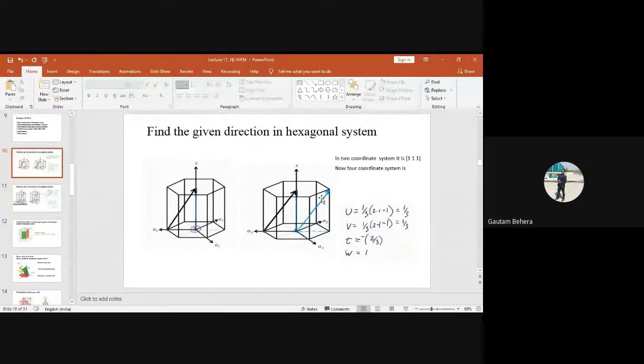Now you want to find the 3-coordinate system, and you will end up with [1 1 1], because this is the direction. So how are you getting this 1 1 1?